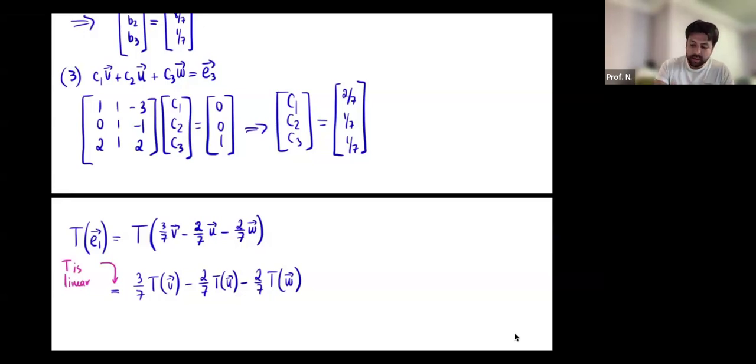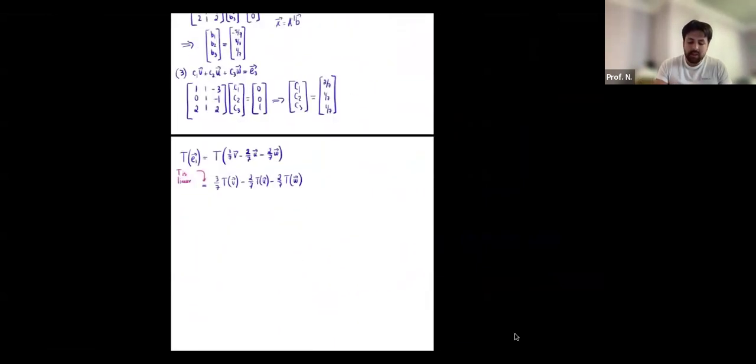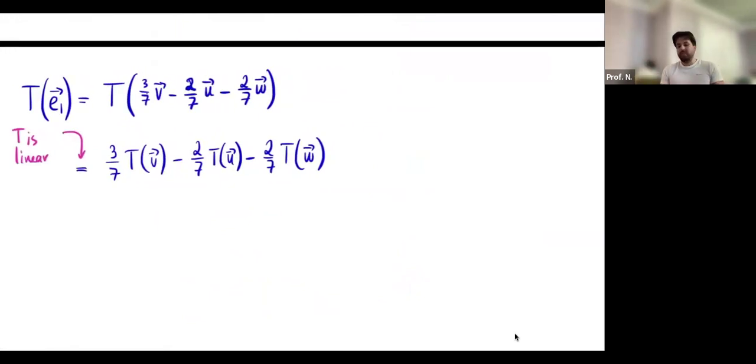And why is this good? Well, don't I know what T of V is? I do. Don't I know T of U? I do. Don't I know T of W? I do. So that's why it's so important. That's why bases are so important. Once you identify where the basis vectors go under the transformation, you know where everything goes.